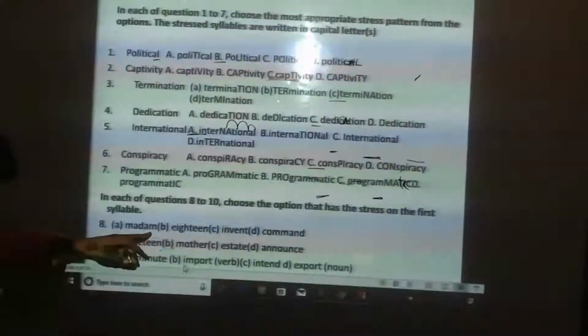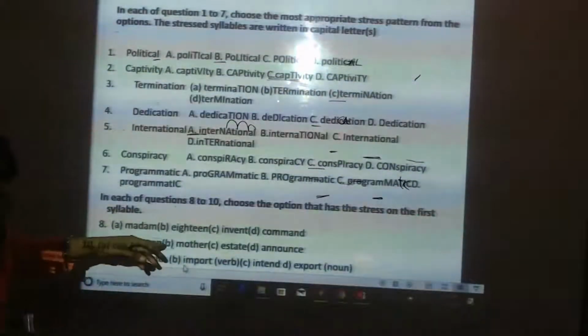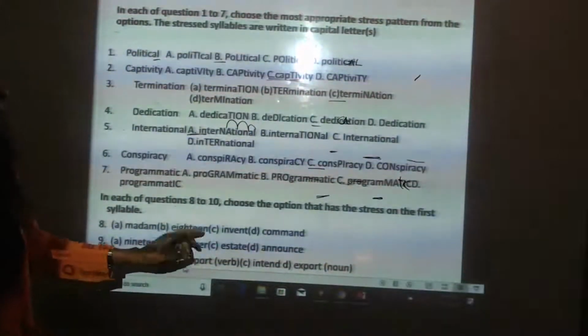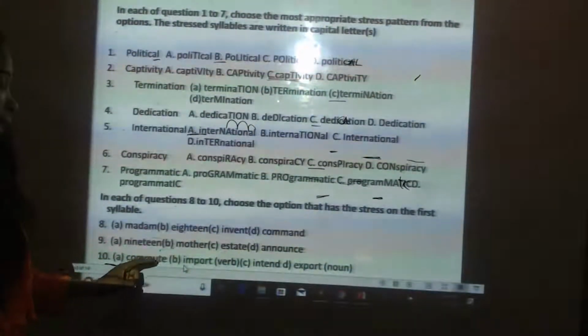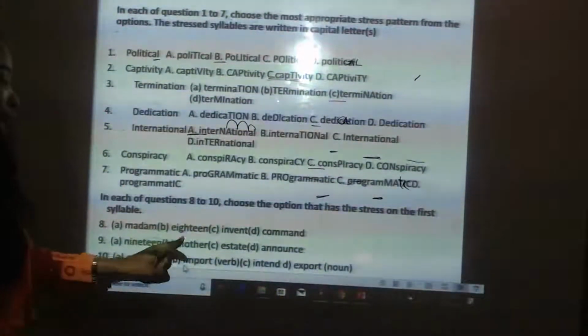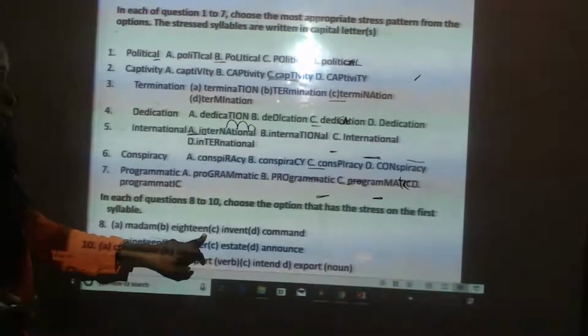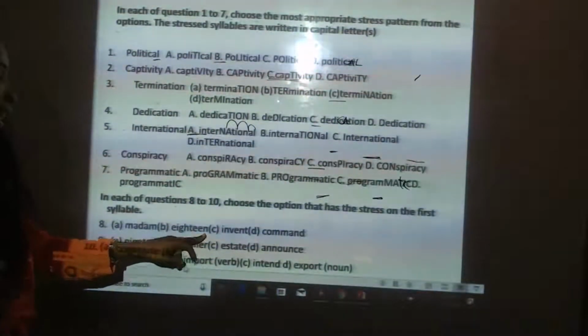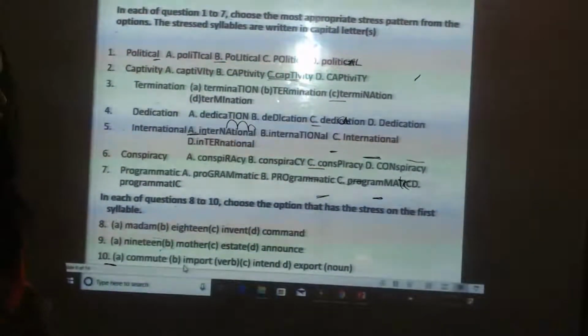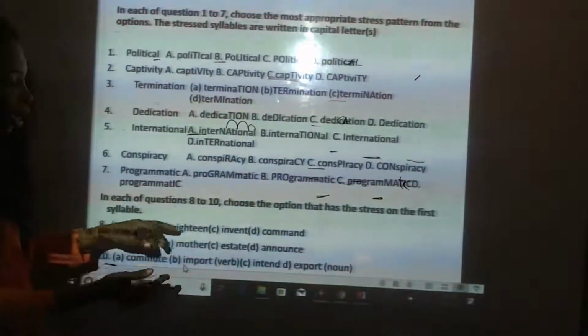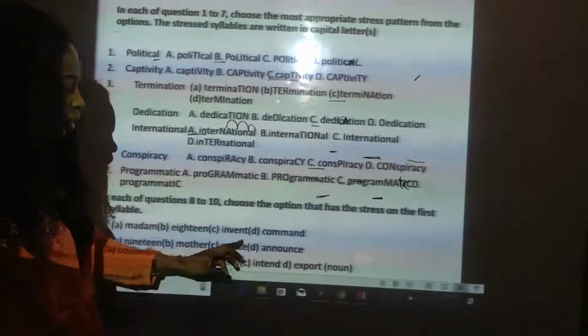A, we have madam, and madam is a noun, right? We have a team. A team is a disyllabic word. It's a word that has 2 syllables, a and team, but it is not a noun. It is an adjective that tells you the age of somebody. It modifies or qualifies a noun, so it's not a noun. We have invent.